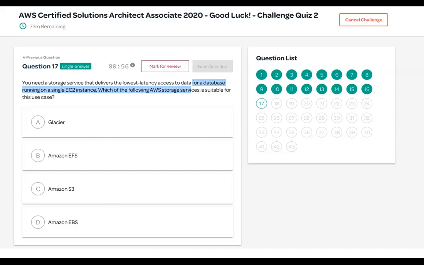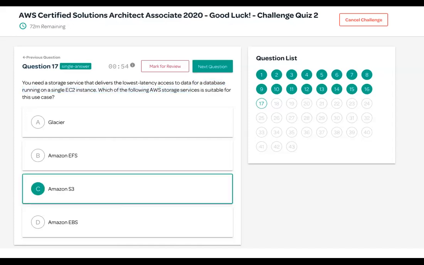S3 is a storage service. Glacier is also an archive storage service, but you need low latency and Glacier is slow to retrieve. For rapid retrieval, S3 is the one. And Amazon EBS is not really a storage service, it is block storage.